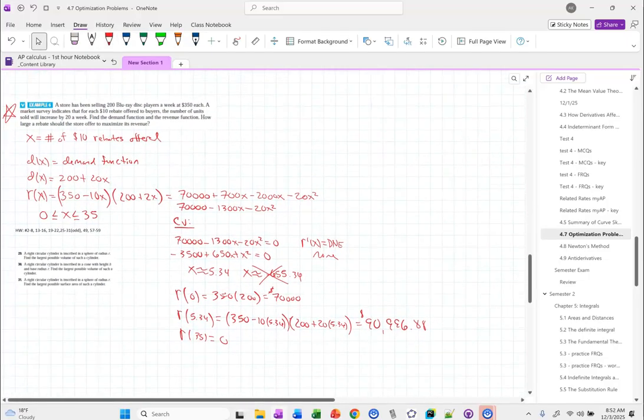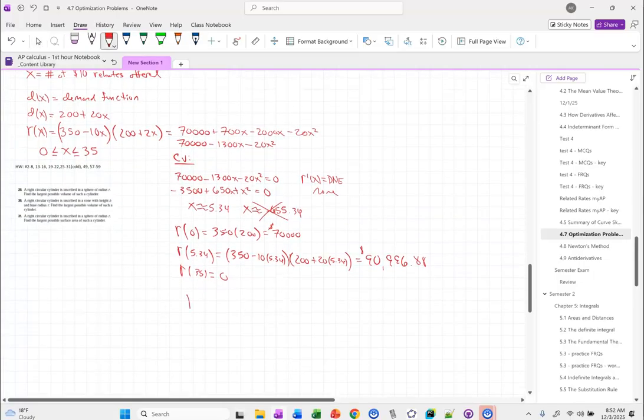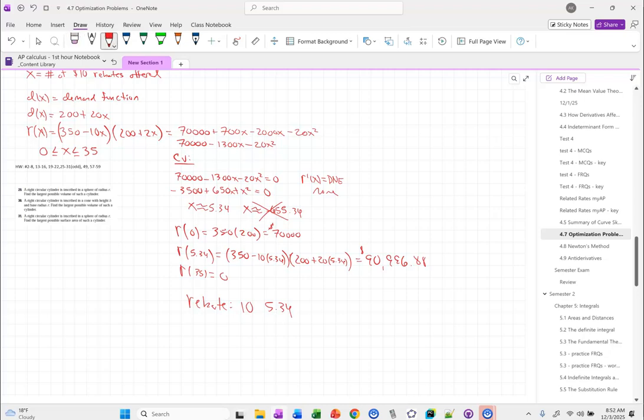So how large a rebate? My rebate is going to be 10 times 5.34, or $53.40, thereabouts. It's a big discount.